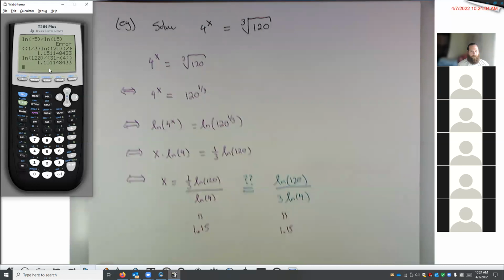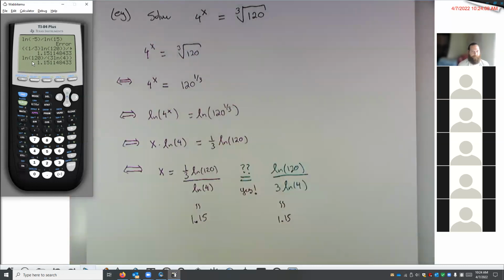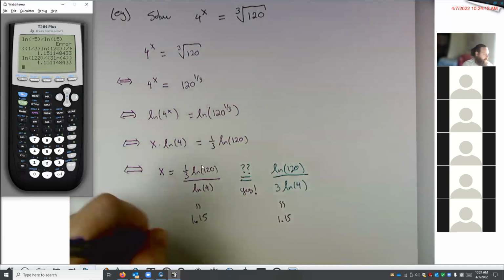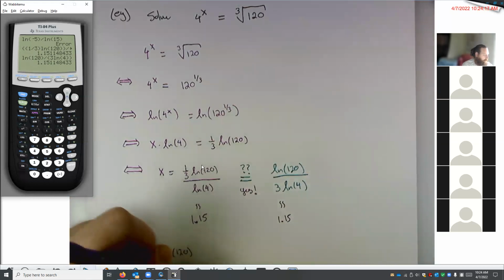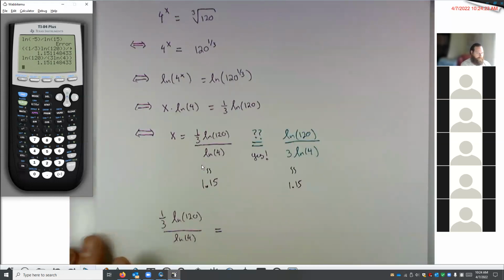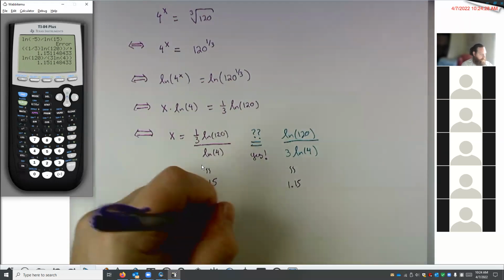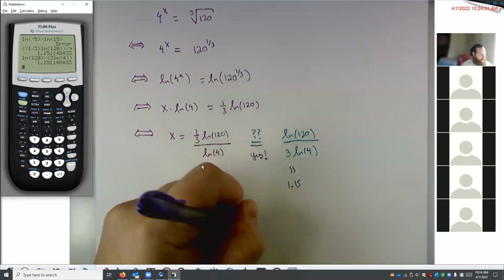So these are actually equal. Learning how to juggle all of these weird types of fraction expressions just comes with practice. One way to see this is to realize that having a 1/3 upstairs here is the same as having a 1/3 out front here.